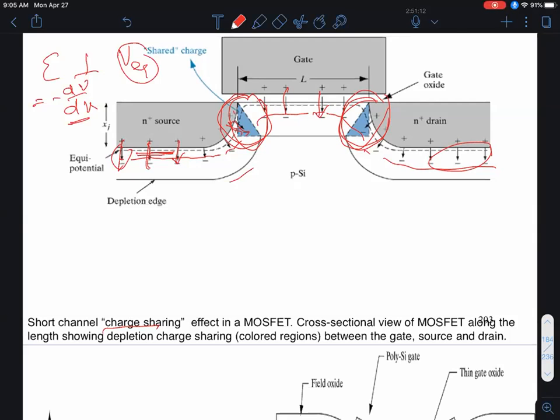Now, what is the impact of that? The impact is the following. If you look at the expression for the threshold voltage, we proved several times that it is given by the flat band voltage, that is the gate voltage needed to cause zero band bending in the channel, plus twice the Fermi potential. Fermi potential is the difference between the Fermi level and the intrinsic level.